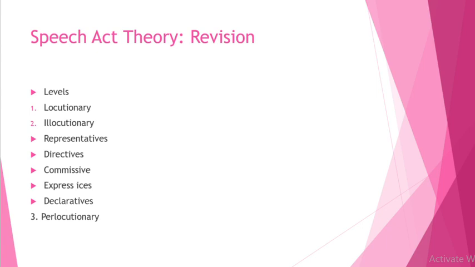And then we have commissives, and these are the acts which commit the speaker to some future course of action. For example, promising, offering, guaranteeing, pledging, vowing, swearing, undertaking, warranting, inviting, or volunteering.